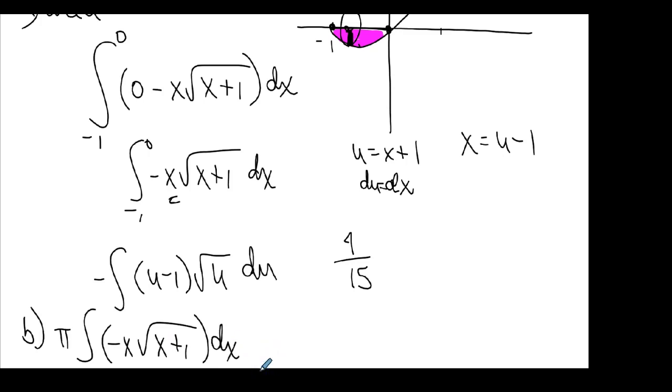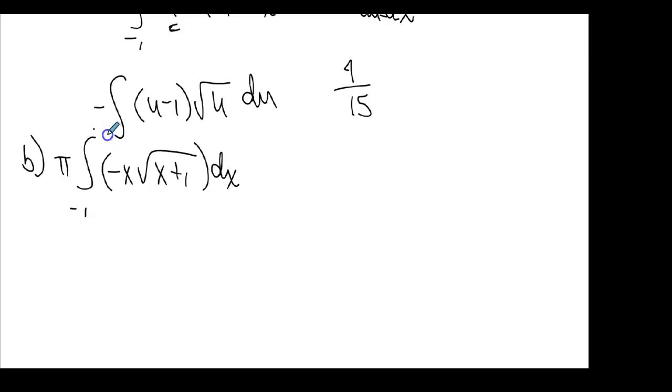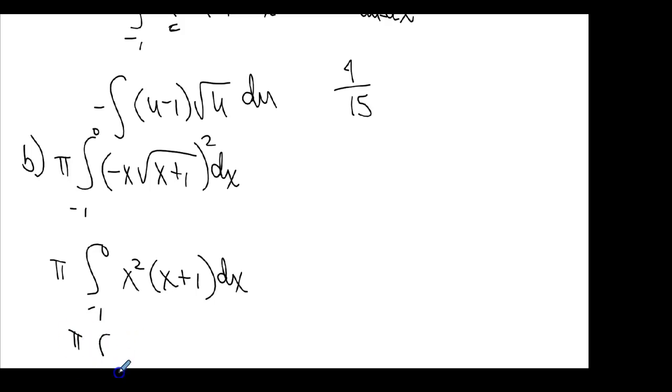And it's from -1 to 0. Squared, sorry. Pi radius squared. When you square that, you have that, which you can then integrate much more easily than in part A. And for that one, I got pi over 12.